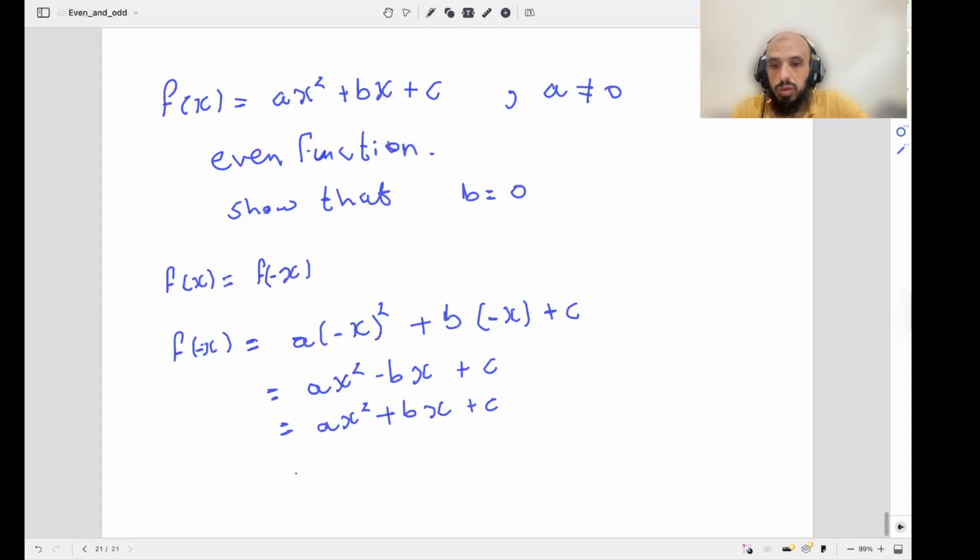And this can be only true if and only if negative b equals b, because we are going to equate the coefficients of the like terms in both the left hand side and the right hand side. So a equals a and b equals negative b and c equals c, and this means that negative b equals b, and this can be only true if and only if b equals 0. Okay, and now we have proved this.